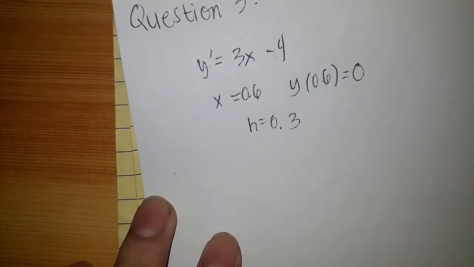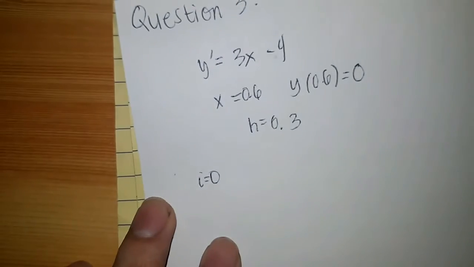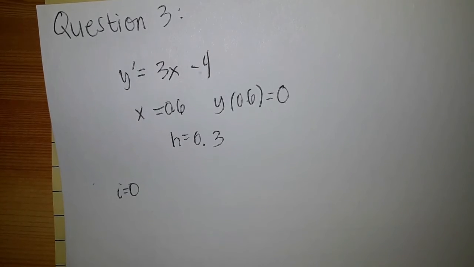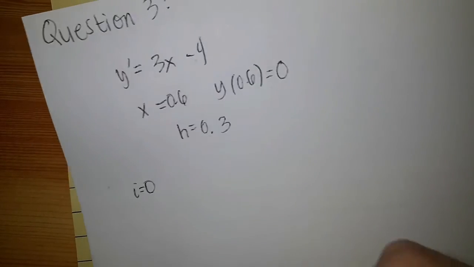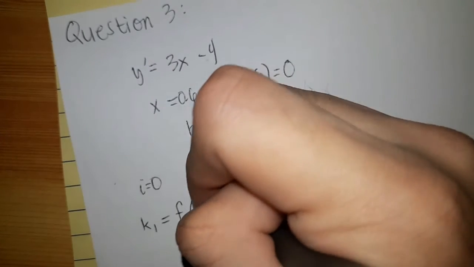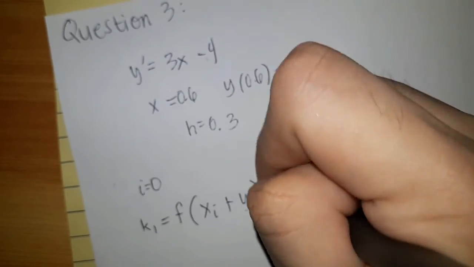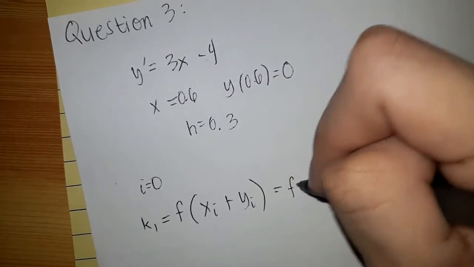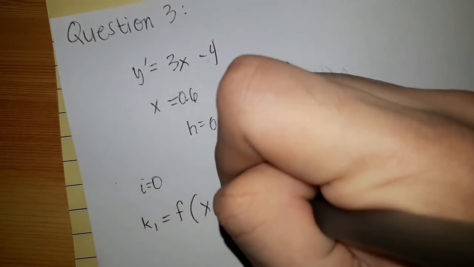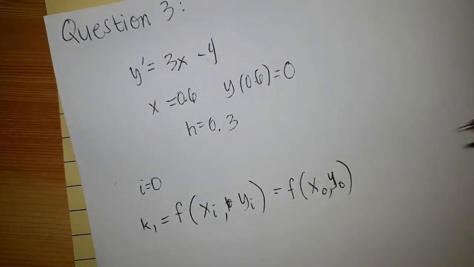So let us first solve for i equal to 0. The first thing that we need to do is solve for k1. So k1 is equal to the function of x sub i, y sub i, which is equal to the function of x sub 0, comma, y sub 0.